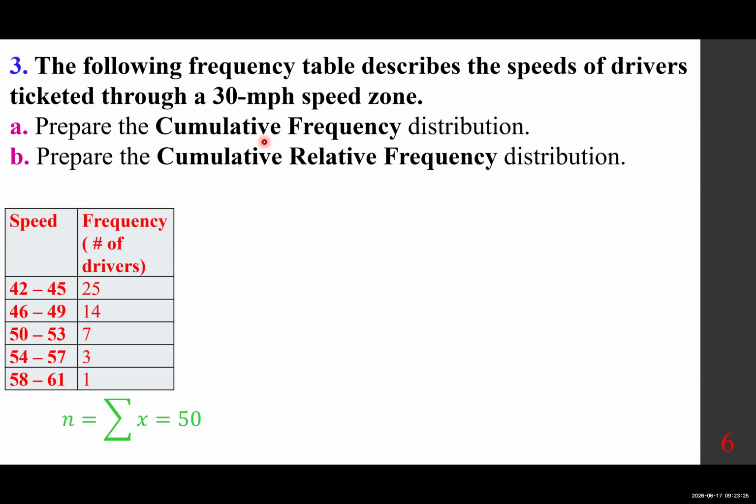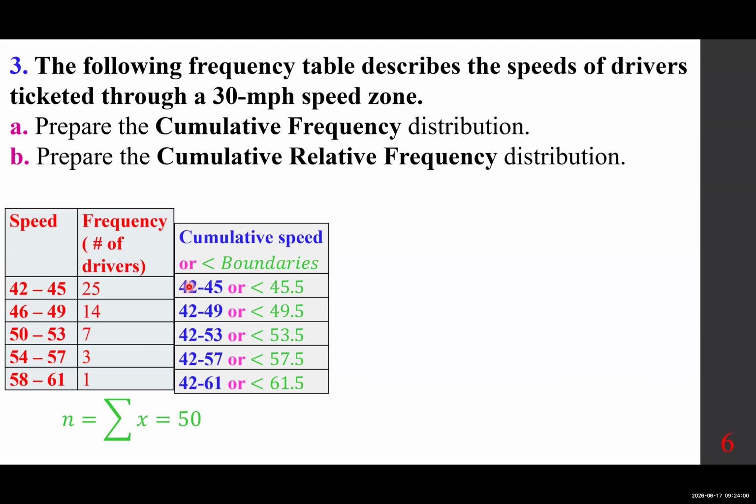So if we want to go with the limits, the first one remains. But the second one, cumulative, always the upper limit comes from the class of interest. The lower limit is always 42. If you want to go with the boundaries, remember the boundary, this was 45.5 for the first one, and then you add 4, right? 49.5, 53.5. So there are two ways to write.